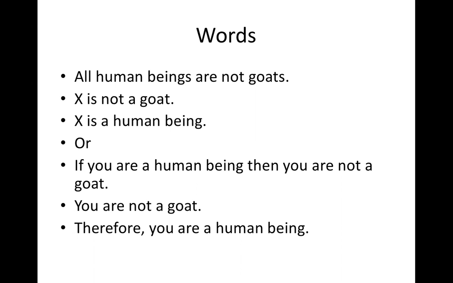Now, if you say all human beings are not goats, and something is not a goat, can you, on the basis of that, conclude that such a thing is a human being? We know that all human beings are not goats. That one is certain. But if you say X is not a goat, is it enough to say X is a human being?